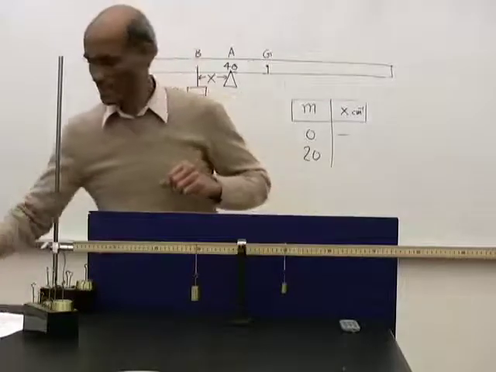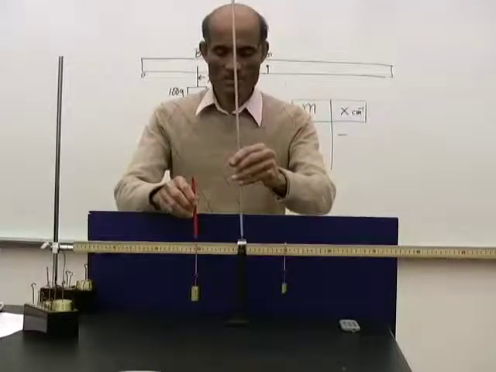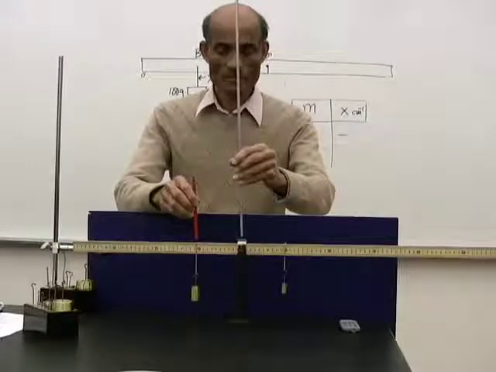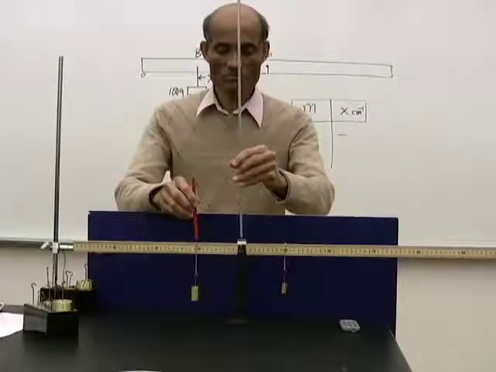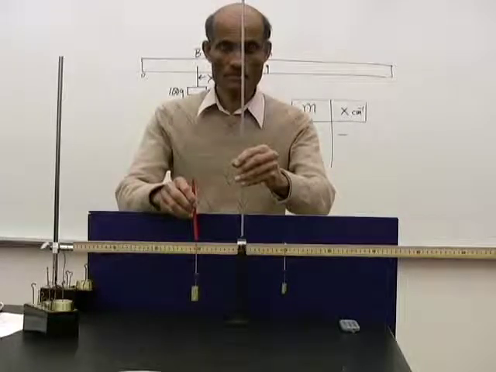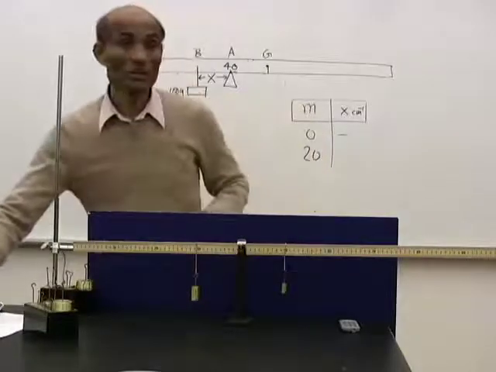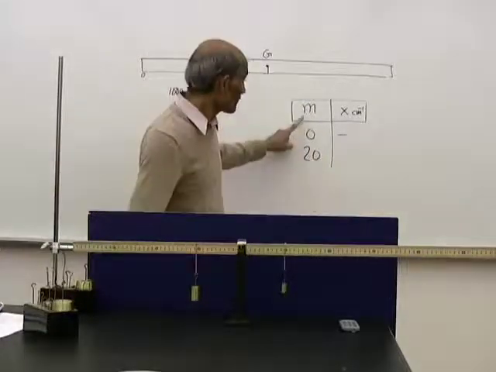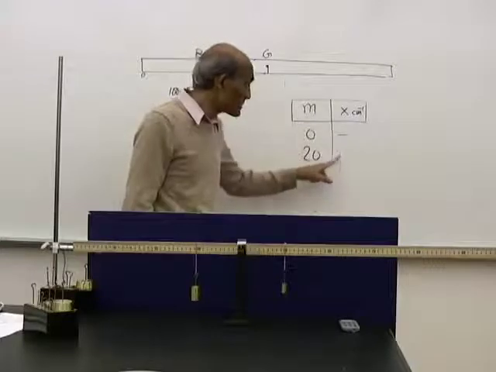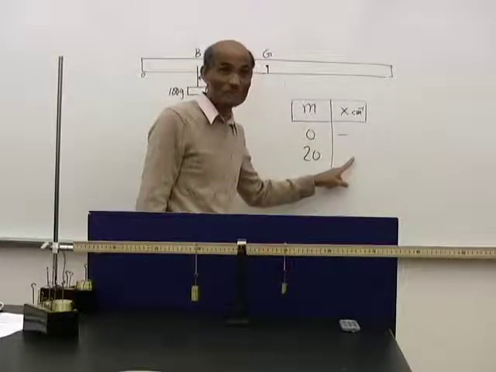So I'm now going to suspend a mass of 20 grams from the center of gravity. That means I need to move the position of the 100-gram mass. I have now a 20 gram at the center of gravity, and I move the 100-gram mass so that I get a new value of x. Alright, let's measure that new value of x and multiply with the conversion factor. Okay? Alright, and now repeat the experiment. You got m equal to 20, write down that x value after multiplying by the conversion factor.